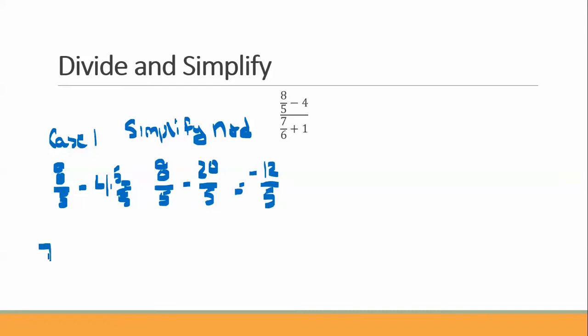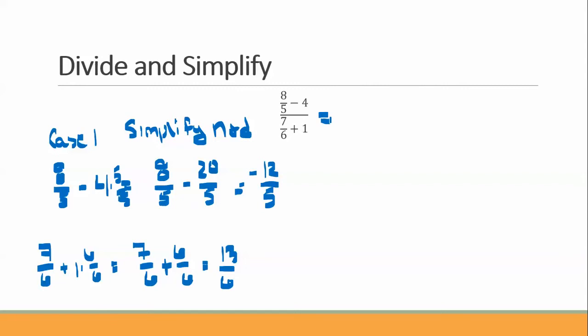And then 7/6 plus 1, that's our denominator, multiply by 6 over 6, and we have 7/6 plus 6 over 6, sorry. That is 13/6.